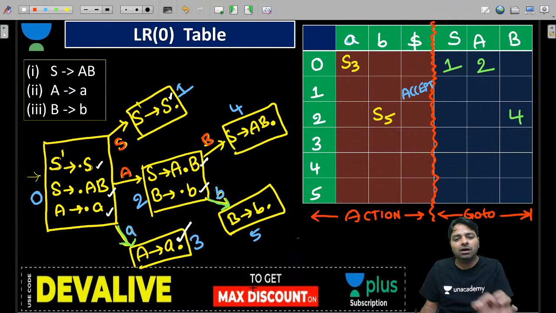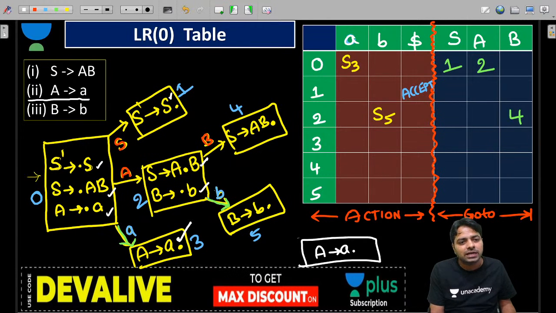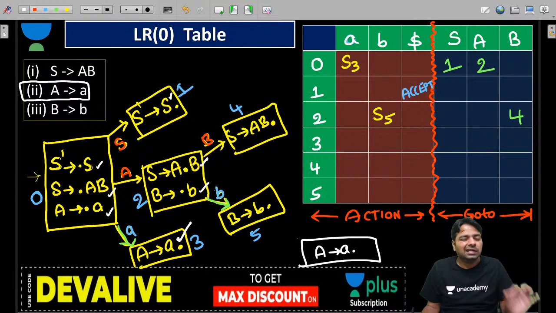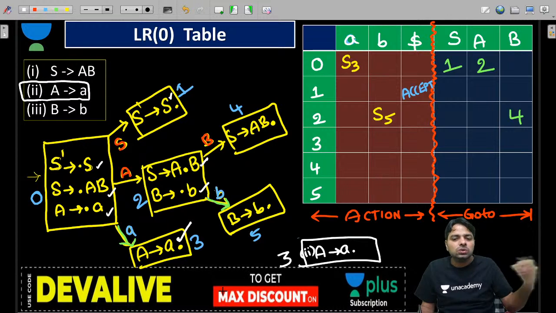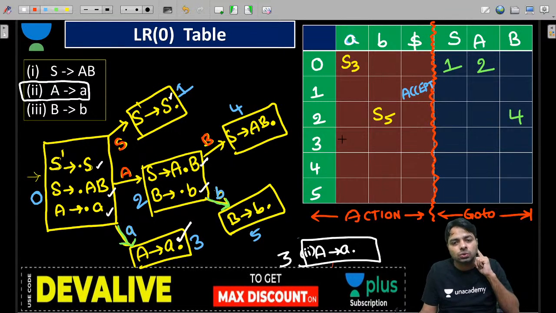A derives A dot. Now go there. I have already numbered it: production number 2. And A to A dot is present in state 3. So for row 3, we are going to give a special entry called R2. Why are you giving it to the entire row?